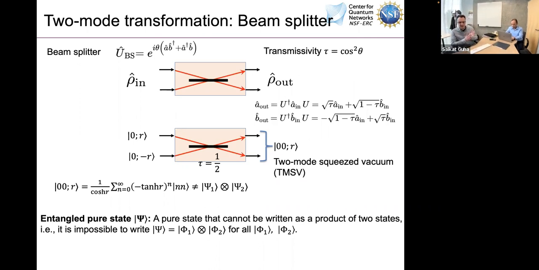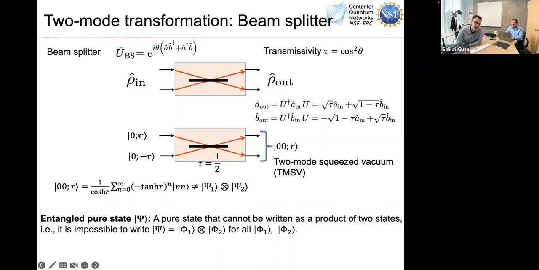Now, as Saikat gave you the expression before, in the Heisenberg picture, the output annihilation and creation operators, A out and B out, live here, and A in and B in live here, and it is described through this transformation. The leftmost side of this equation is the output, and the rightmost is how it relates to the input field operators. It's a simple exercise, but we will not do it right now.